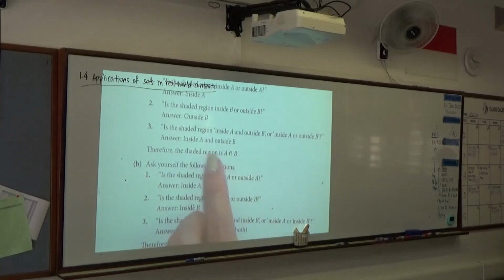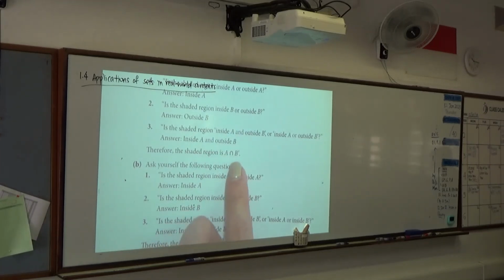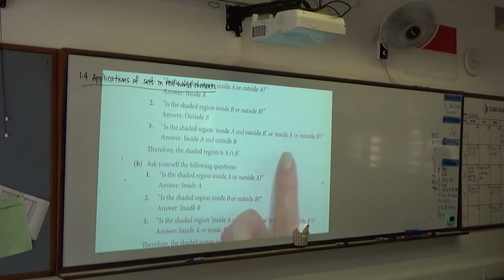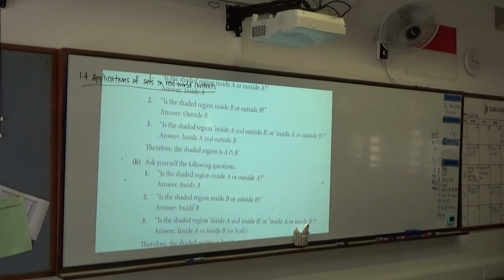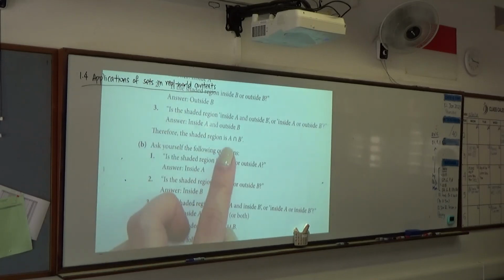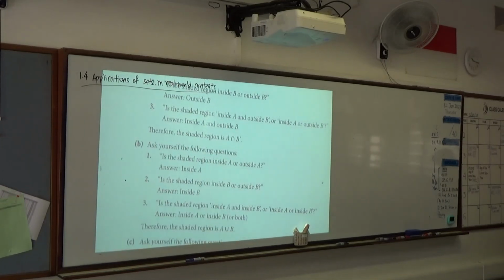Okay, since it is and, both occurring at the same time, the notation that we will actually refer to will be the intersection sign. Okay, so intersection sign commonly refers to the logic of the word and, and then or will usually be the union sign. Okay, so that will actually be the answer for example 9A.